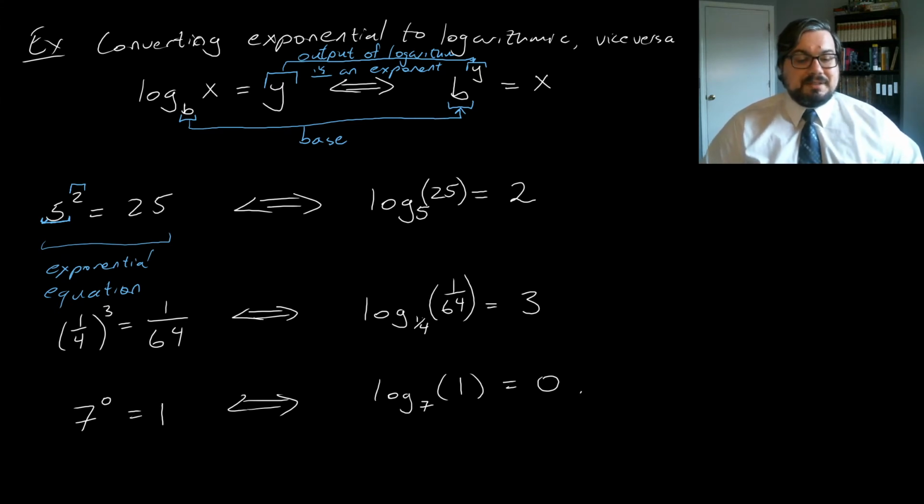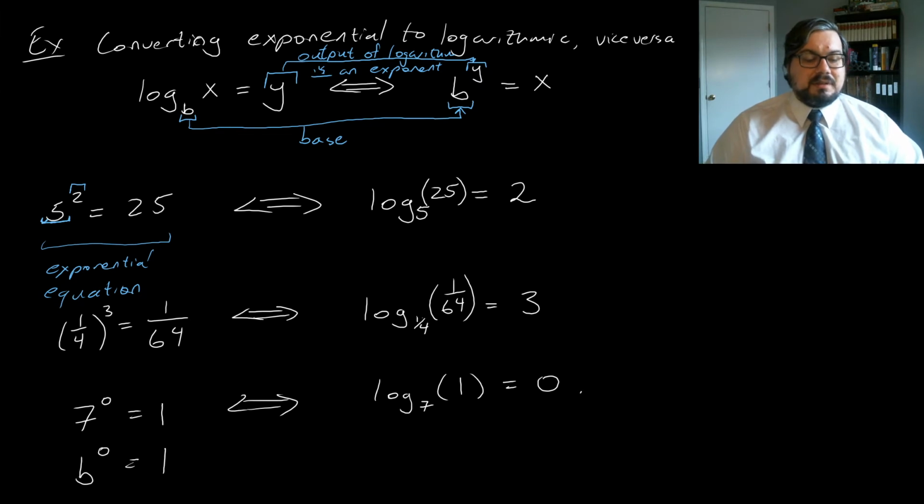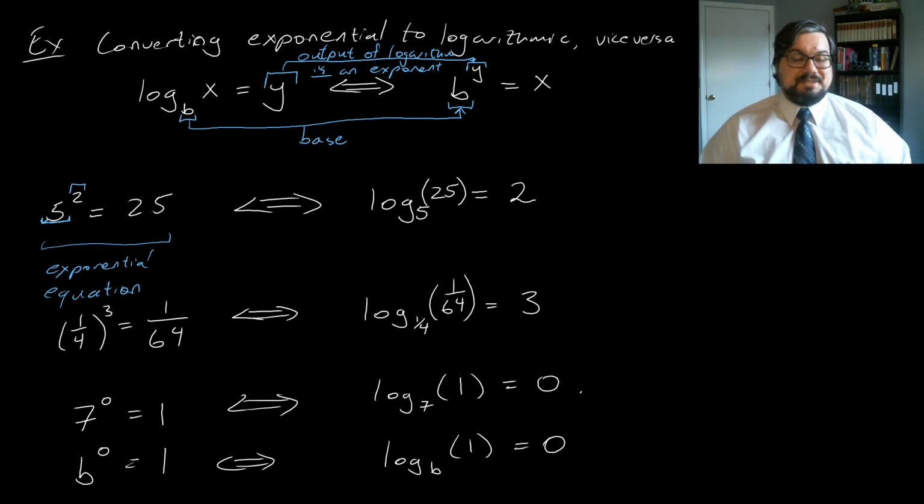And in fact, this tells us that any of our logarithm functions, when you plug 1 into them, you get 0. So this tells us a point that is on the graph of every logarithm function, which we will look at when we go to graph these things.